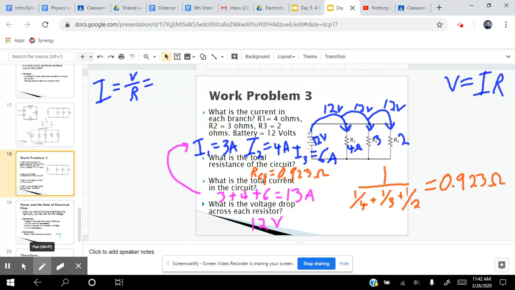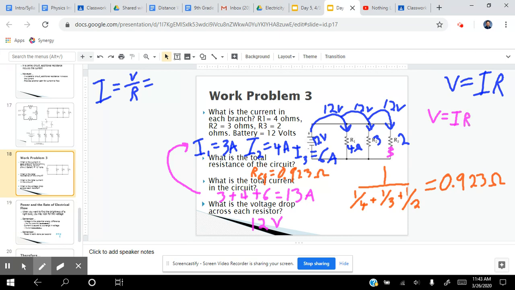The only way this would be different is if for some reason you had 2 resistors in a given branch. If you had 2 resistors in a given branch, then you would actually have to solve for the voltage in each resistor by taking the current running through that branch and multiplying it by the specific resistance of that resistor.